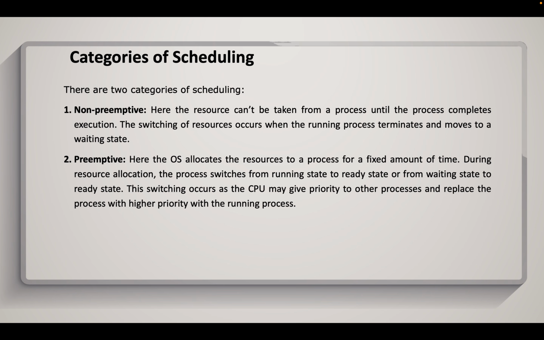Such scheduling is called preemptive scheduling. In non-preemptive scheduling, once the process gets the CPU, nobody can remove it. Once a process completes its operation, only then can the next process get the CPU. So the process which is in the CPU cannot be preempted. That is non-preemptive scheduling.